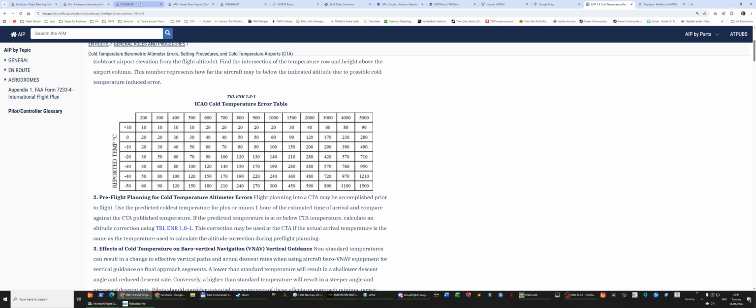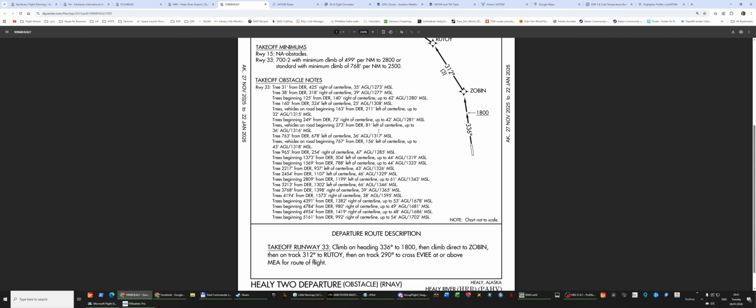So we will not fly to 1,800, but we will fly heading 336 all the way to 1,900. Right? So we will correct this. We will add 100 feet to this.